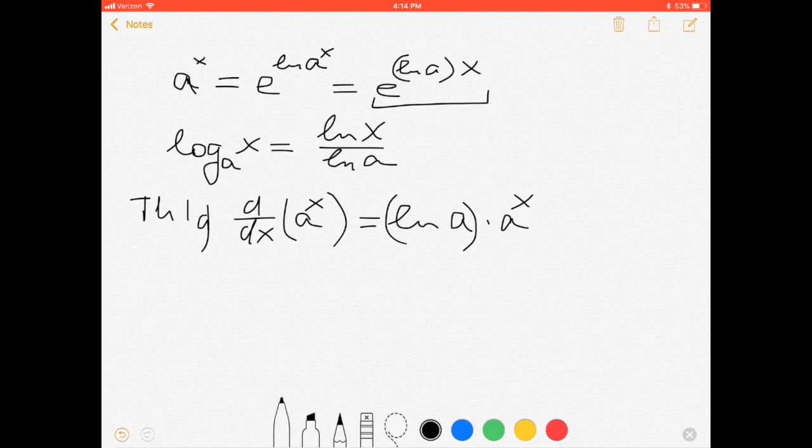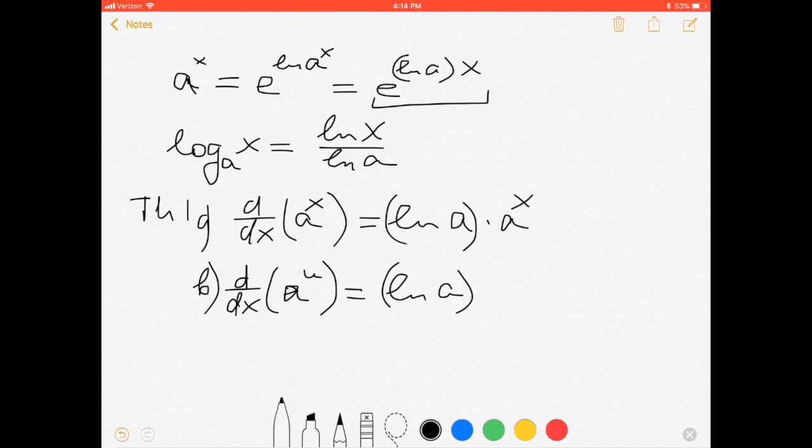This is a. If your variable is not a simple variable but some function, then let's take the derivative of a to the power u. Use the chain rule, and here is u prime.